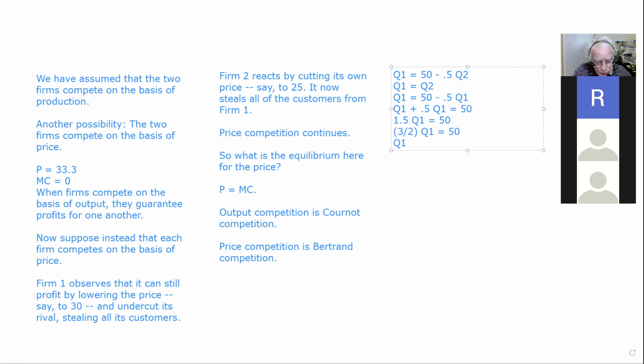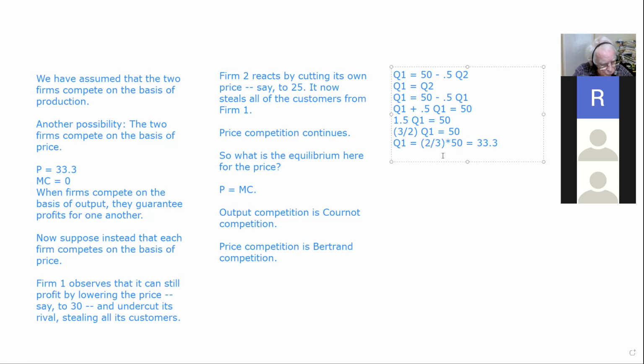So now, solve explicitly for Q1 by multiplying through by 2/3, or 33.3 for Q1.